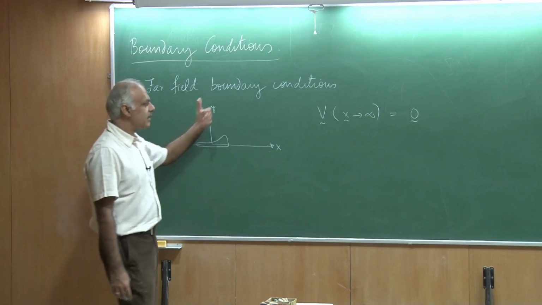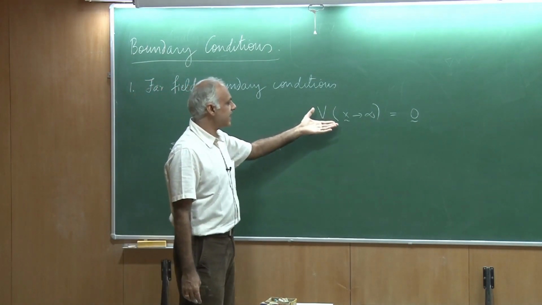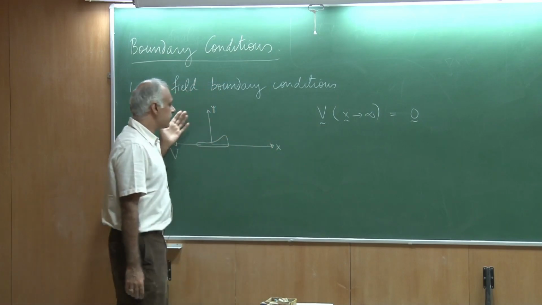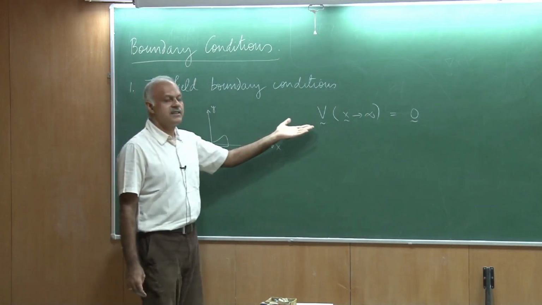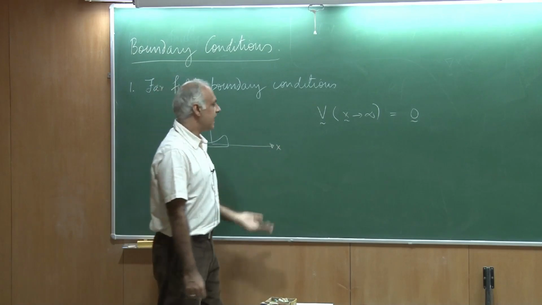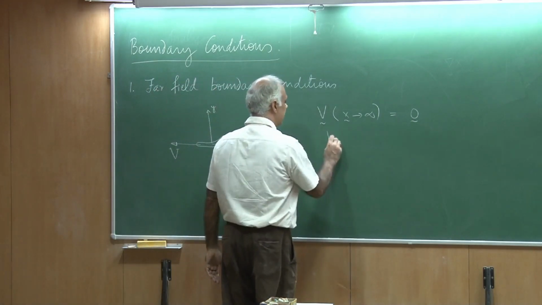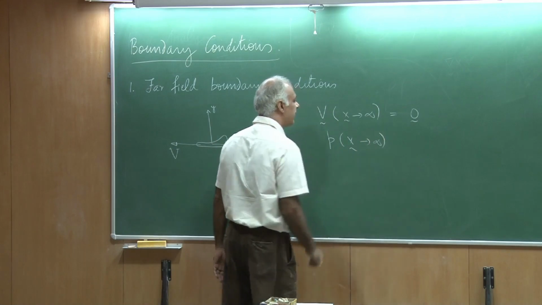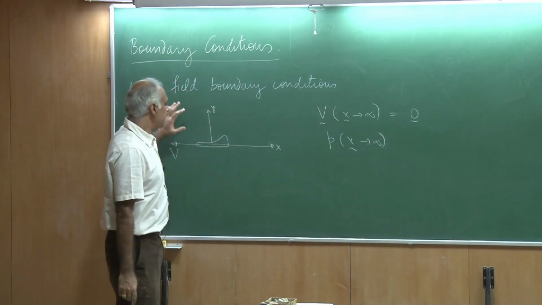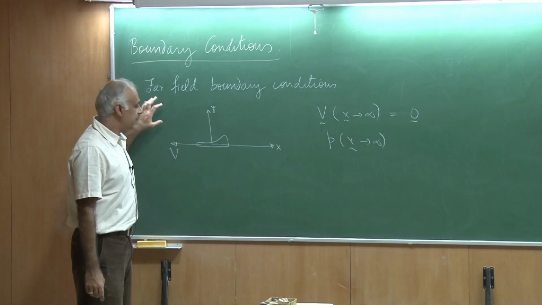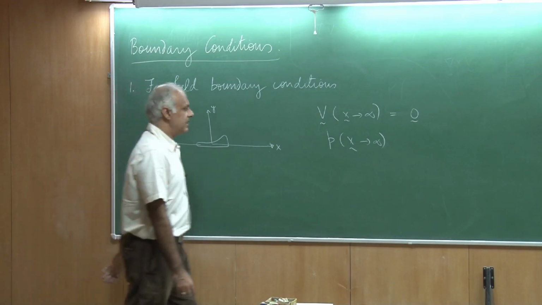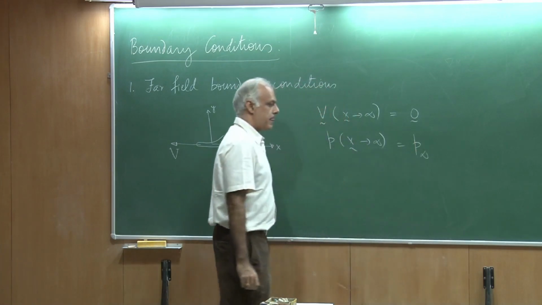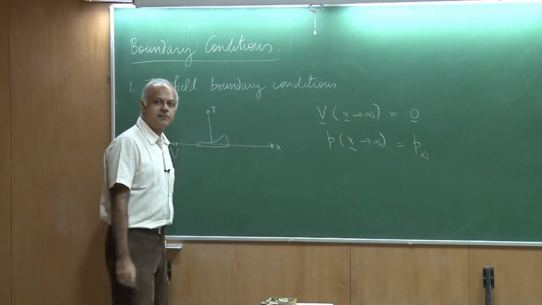And from that argument we can say that the velocity far away because of this aircraft must tend to 0. The same is true for pressure. So P as x goes far away is going to be the P that would have been if the aircraft was not there, and therefore let me call this as P infinity, which is the undisturbed pressure.